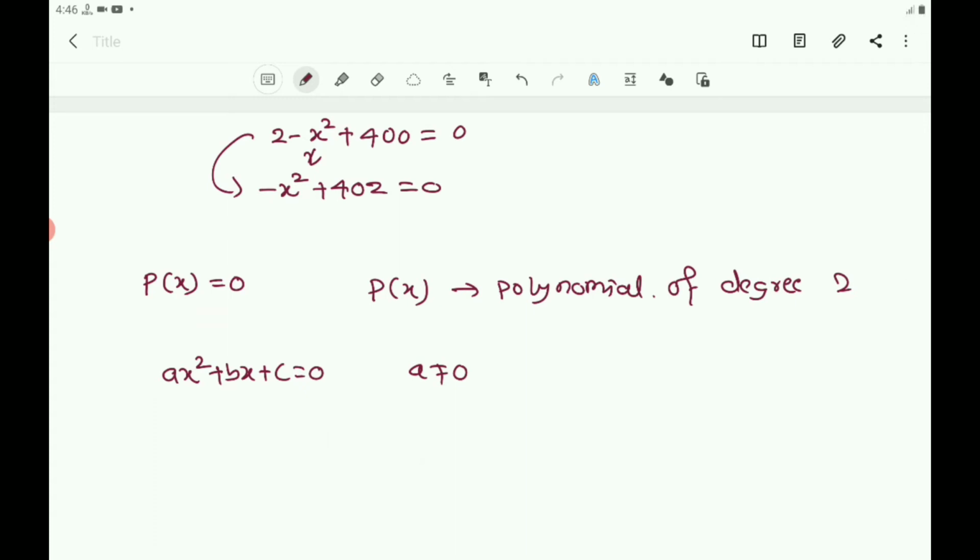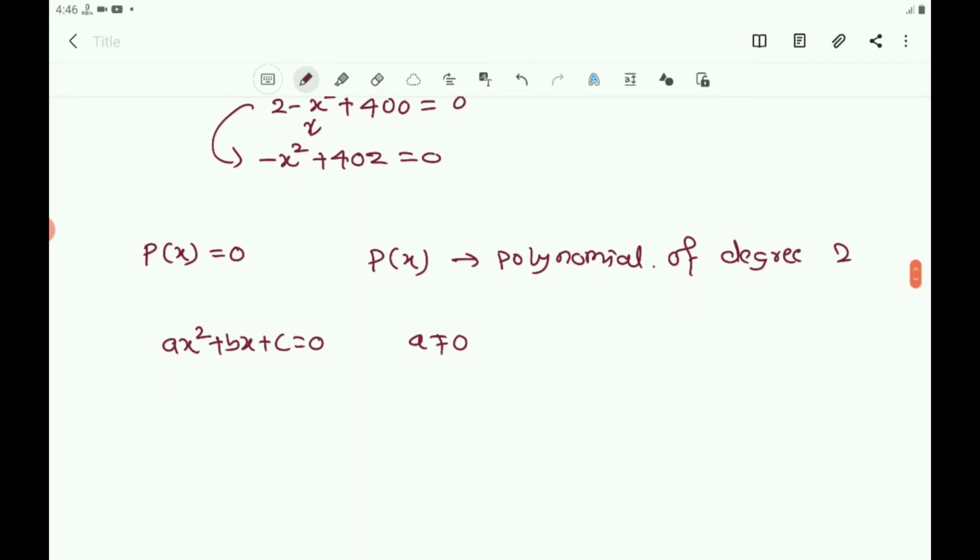Ax square plus bx plus c equals 0, a is not equal to 0, is called the standard form of a quadratic equation.